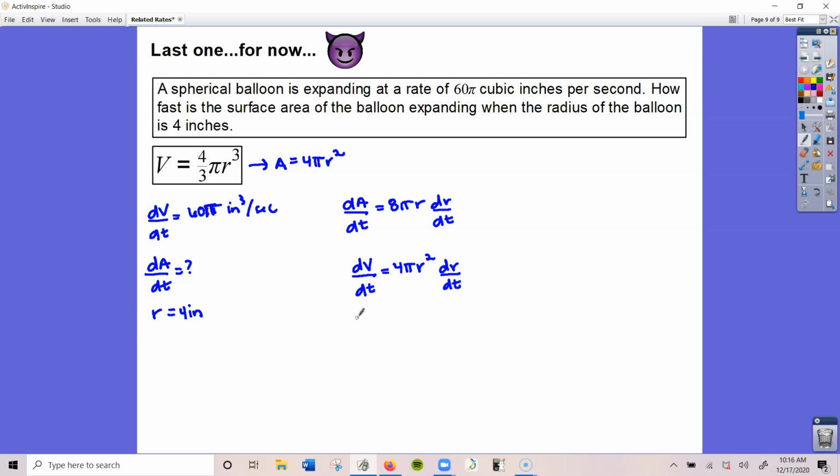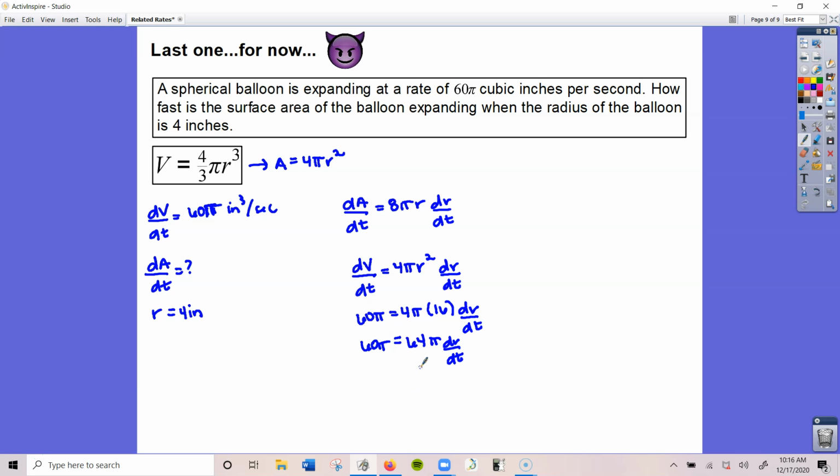So dV/dt is 60 pi is equal to 4 pi times the radius, which is 4 squared, so 16, dr/dt. 4 pi times 16 is 64 pi. And that's going to equal the 60 pi.